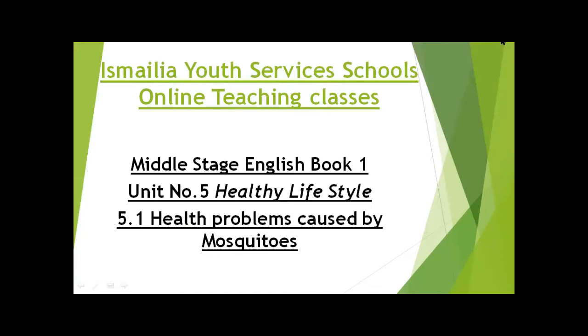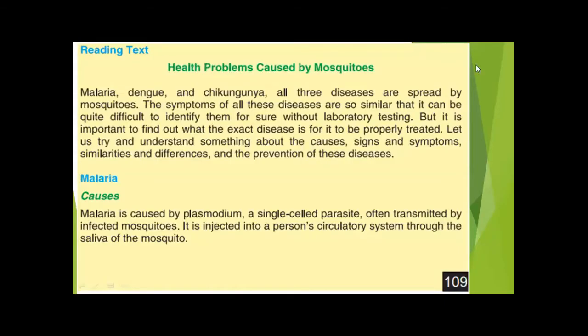So today's topic of unit number 5 is healthy lifestyle, and in 5.1, the topic is health problems caused by mosquitoes. So let's start the reading. Health problem caused by mosquitoes, that is present in your book on page number 109. Malaria, dengue, and chikungunya. All three diseases are spread by mosquitoes.